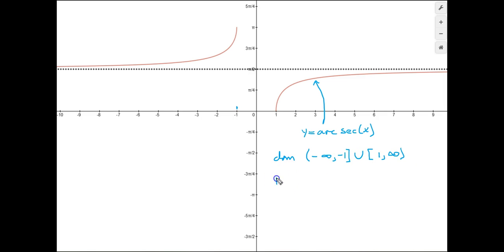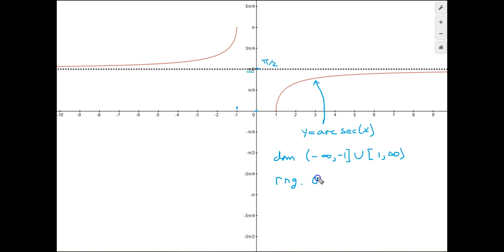And also notice the range of the arcsecant. Well, the range goes from 0 up to, but it does not include pi over 2. That point is pi over 2 on the y-axis, but you notice the graph never actually crosses that dotted line anywhere. So pi over 2 is not part of the range.